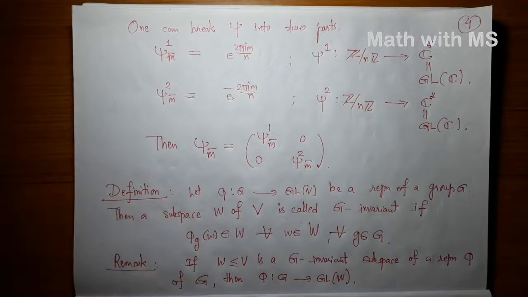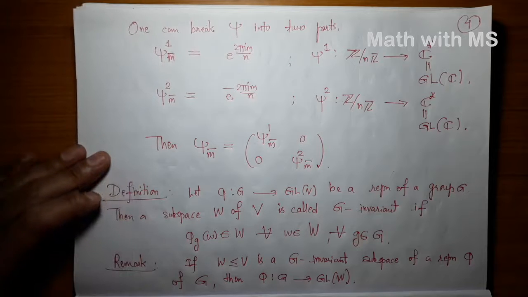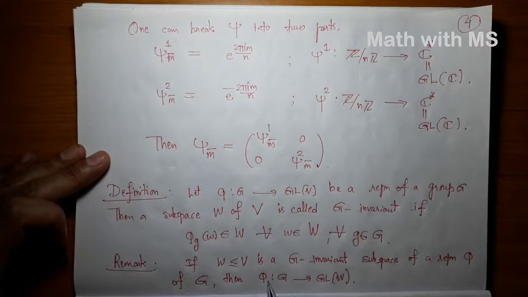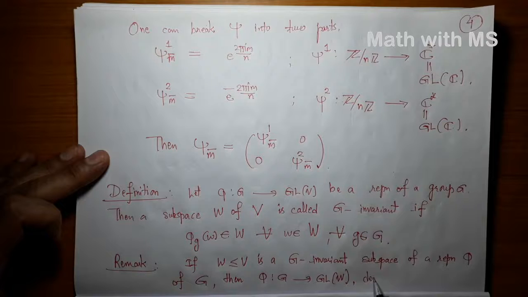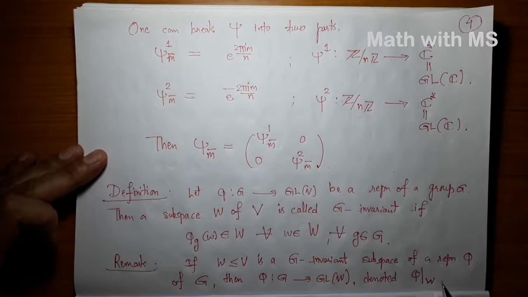There is a conflict of terminology here. Restriction here doesn't mean that I'm restricting the map phi somewhere. What I'm saying is that I can view this phi as a map going into GL(W), right? Because phi of any little g is an invertible linear transformation of V, but is also an invertible linear transformation of W. So you view it as an invertible linear transformation of W. We denote it by phi restricted to W, just for the moment.